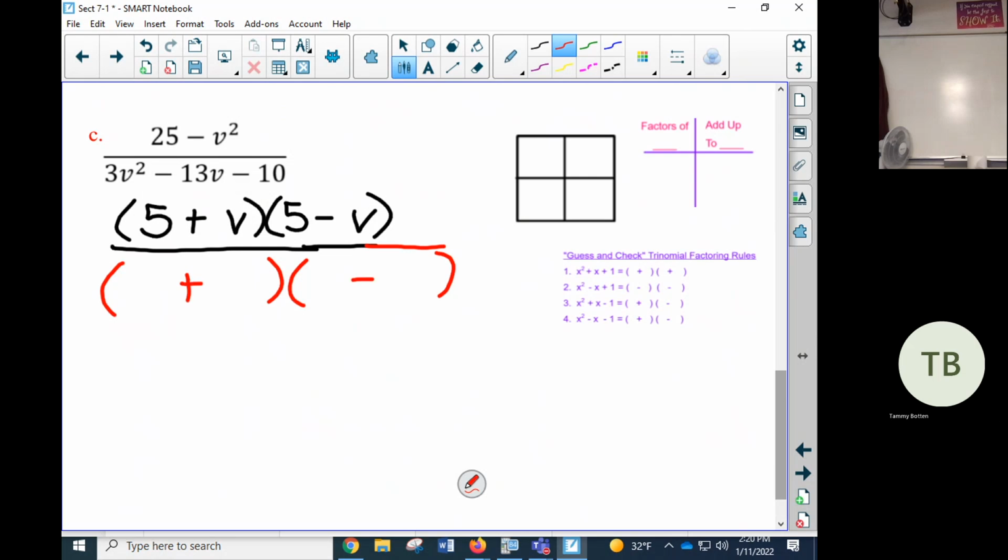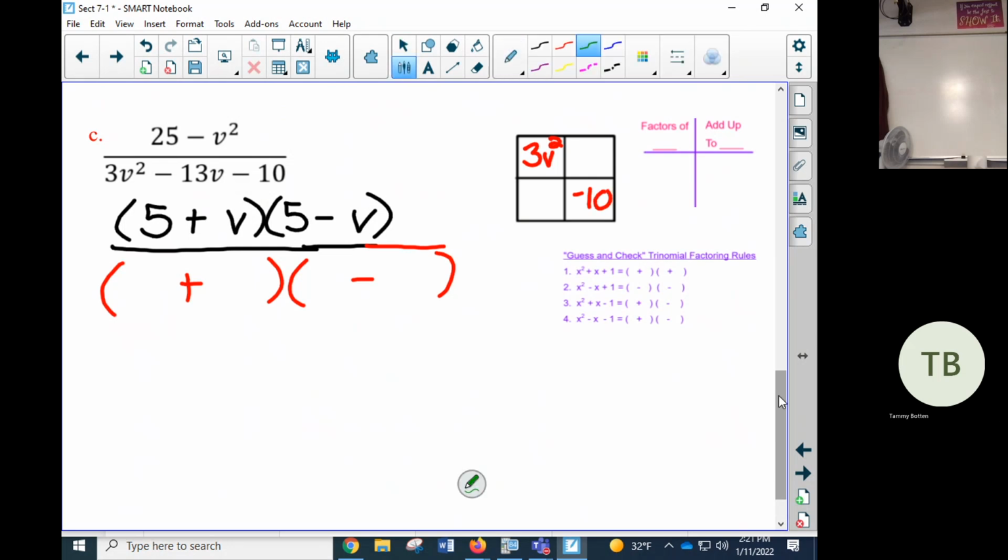And as you're getting used to these, when they have that 3 in front, if I were you, I would use the box for a while, okay? So that 3b squared is going to go here. The negative 10 goes here, just like before, but this is where it's different.